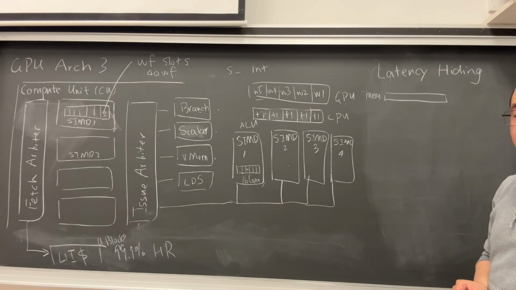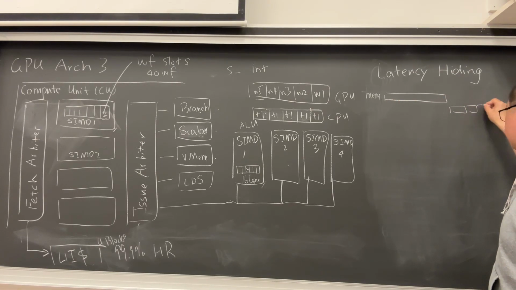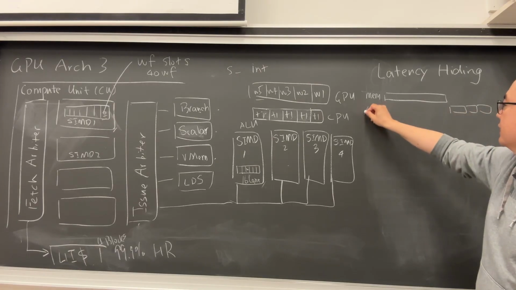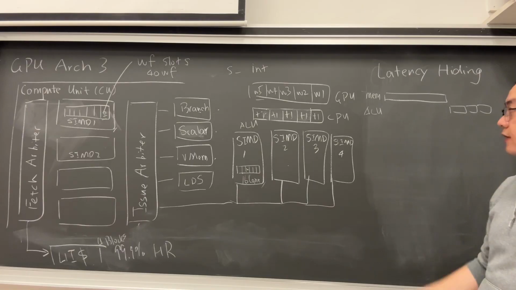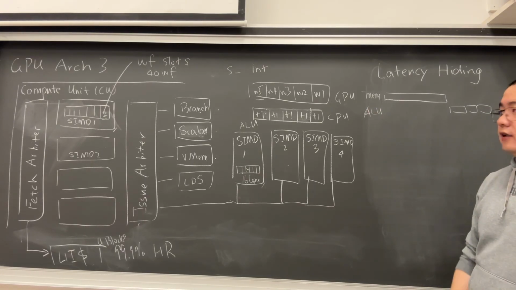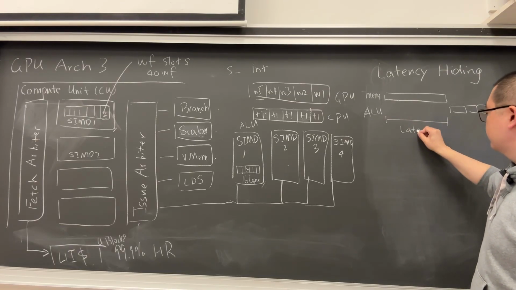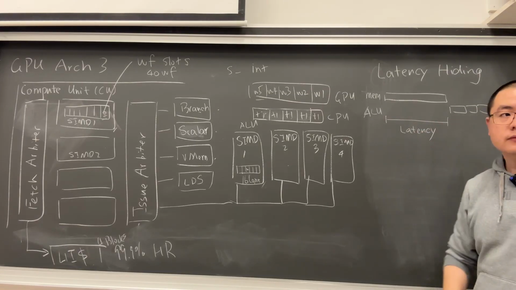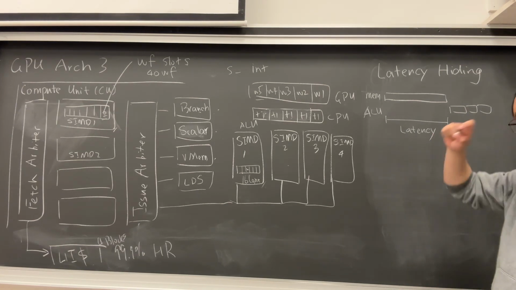Now, if we don't hide the latency, we'll wait until it's finished and then execute the ALU operations. This is a case of no latency hiding, and this part is the latency we're referring to. We really want to hide this latency.